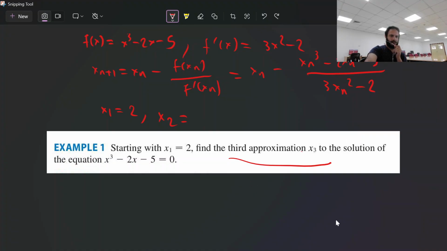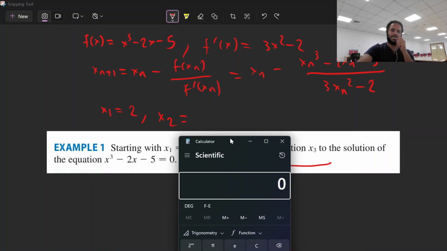Let's continue. So we have x1 equals 2. Now let's find x2. Now x1 equals 2, right? Now apply in the formula. See how I will apply here. You get 2 minus, I am applying this formula, okay? 2 minus, now open parentheses for the numerator.